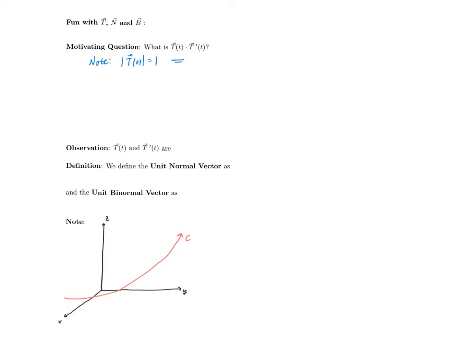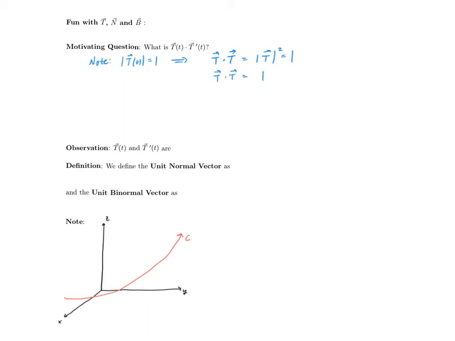Going back to a property of dot products and magnitudes of vectors, we know that T dotted with T, and for convenience I'm going to drop the "of t" just to make the writing more efficient, is equal to the magnitude of T squared. And if the magnitude of T is 1, we just end up with 1. That is, T dotted with T is equal to 1.